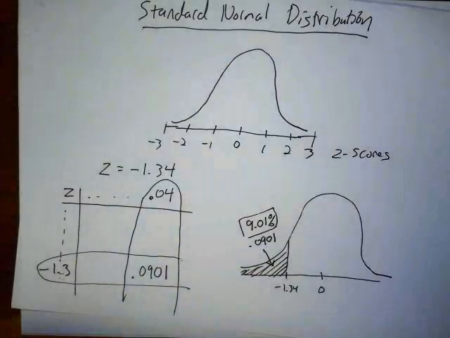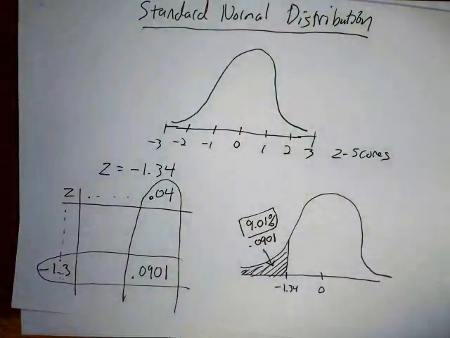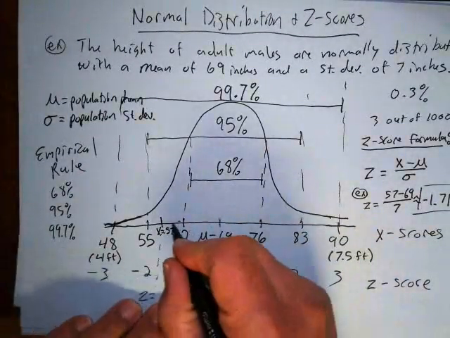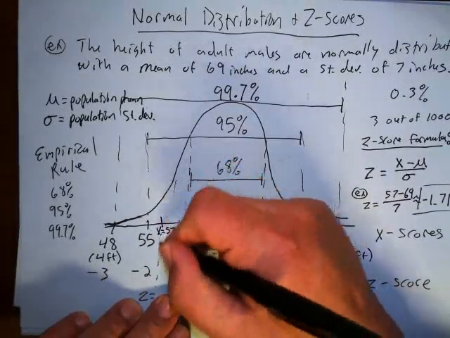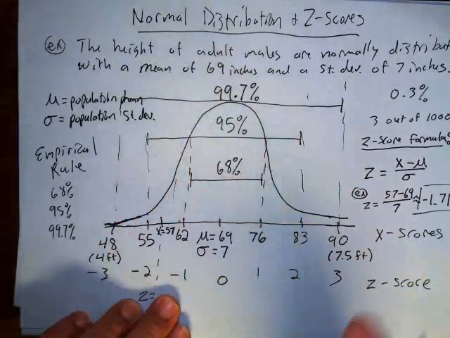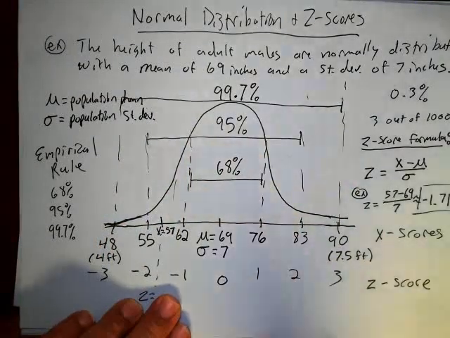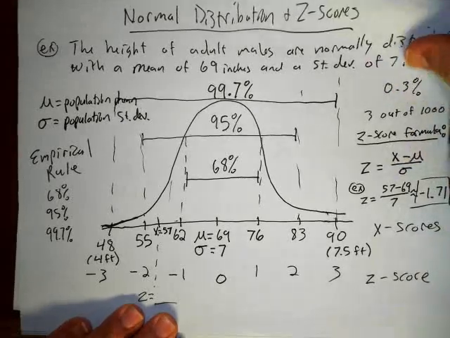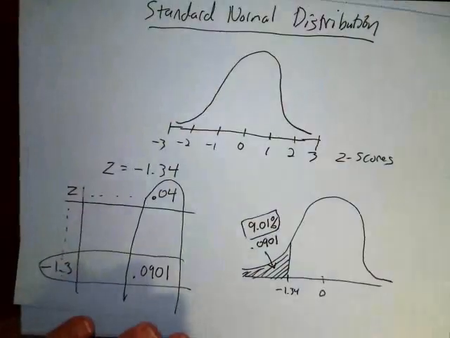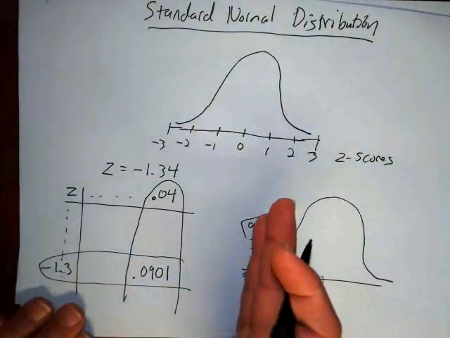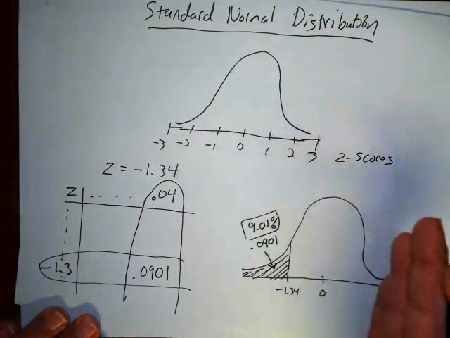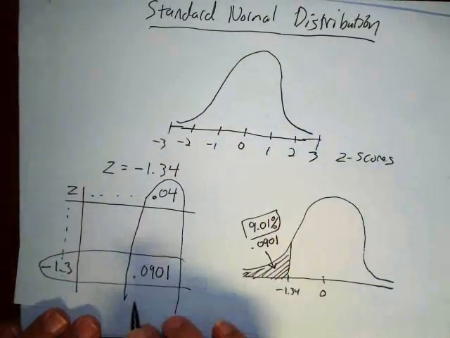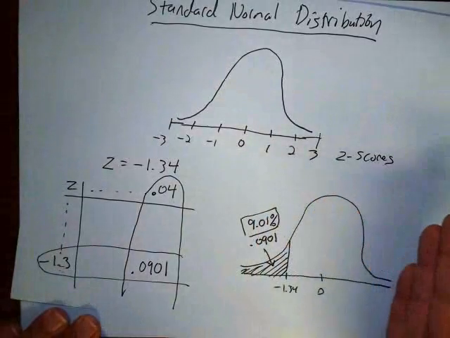Okay, so for example, the height of adult males right here, negative 1.34 would be like right about here, and then this area here would be like 9.01% of the entire population. Okay, so what you're doing here is you're getting a percentage from 0 to 100%. So way over here would be 0, all the way up above would be 100%. But they're giving it to you as decimal numbers, like 0 to 1.